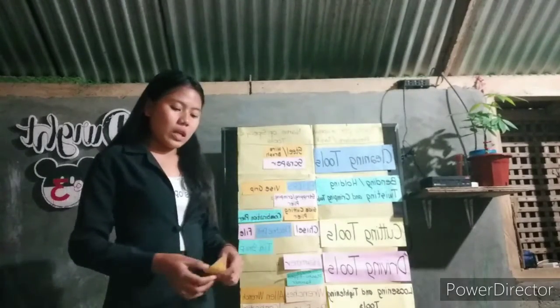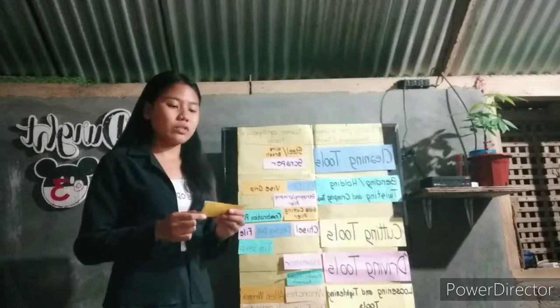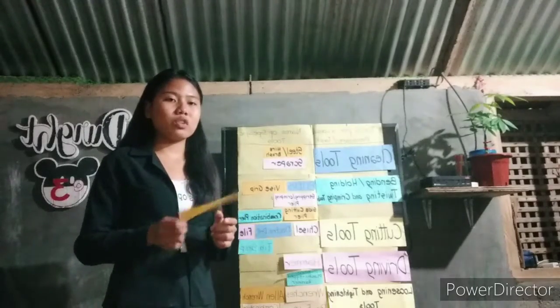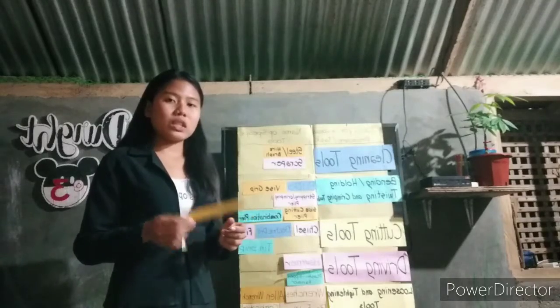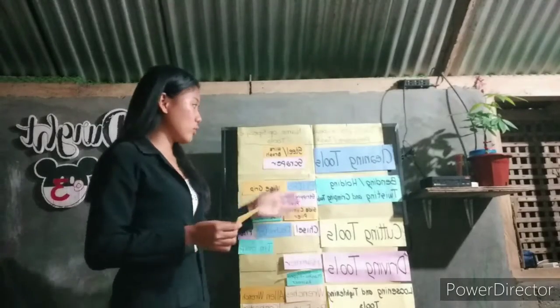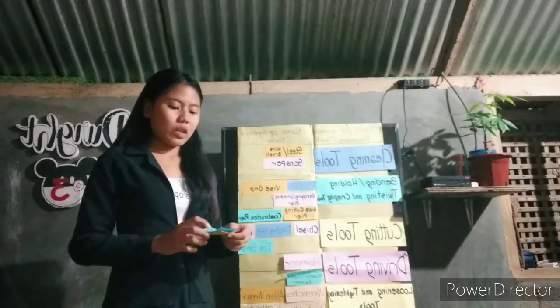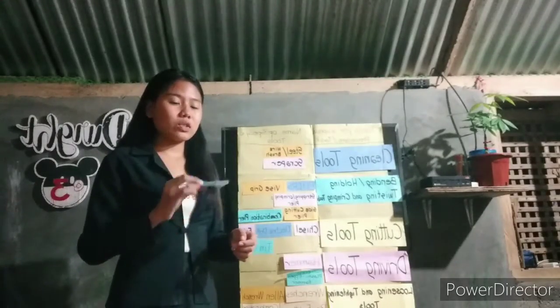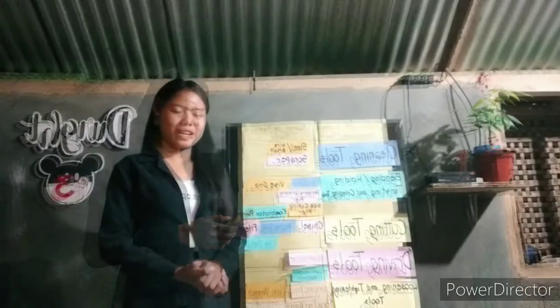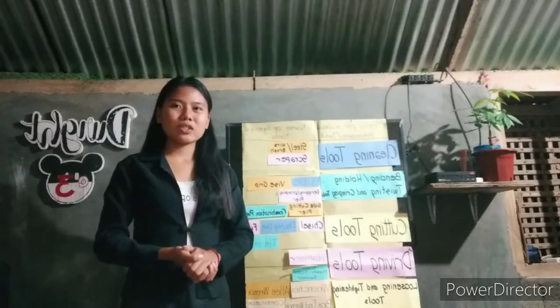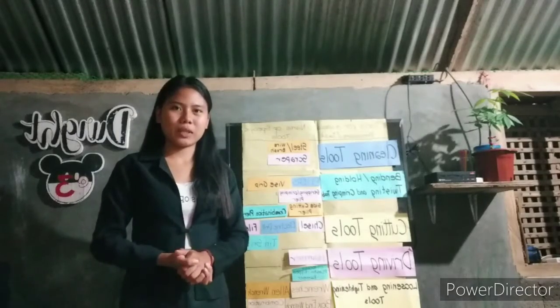I have 5 flashcards, and I'll need 5 volunteers to put these flashcards here in front to identify where these specific tools belong. Very good. Thank you, class. You'll be given extra points for your participation.